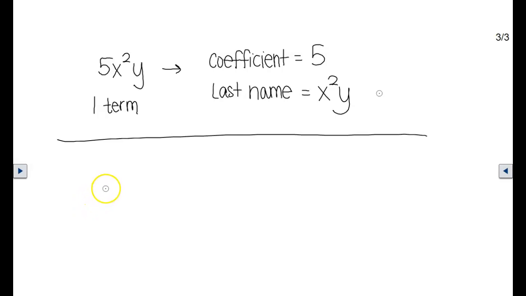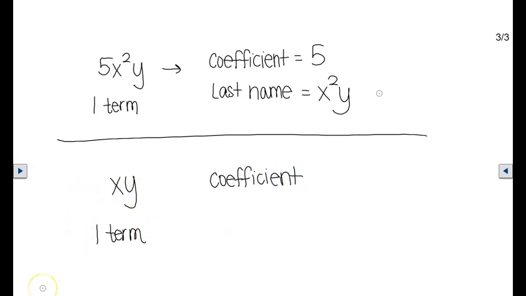Let's suppose that I have xy. Now you'll notice again here, there are no plus or minus signs in that. So what that means is, this isn't connected to anything else. That makes him one term. When I go to look for the coefficient, it's supposed to be that number that sits in front of the variable. But when you look right here in front of the variable, there's nothing there.